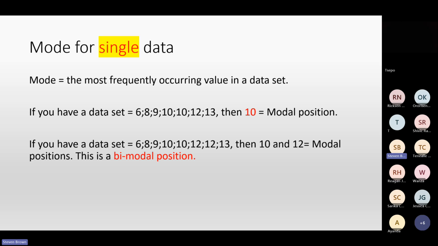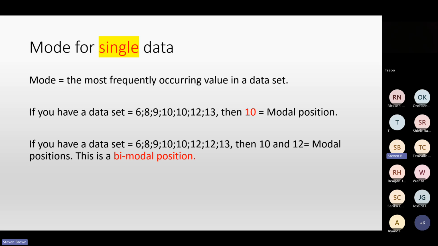So we've done median for ungrouped data, which is question 3, and median for grouped data, which is question 4. Now, modal value. In this class, they're not going to ask you for it for ungrouped data because it's a question of eyeballing. The modal value is the most frequently occurring value.